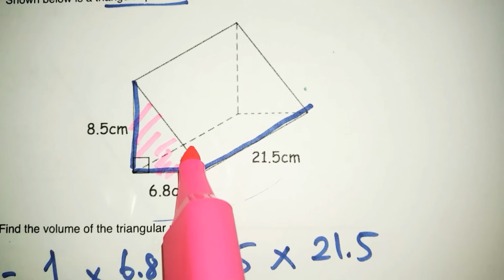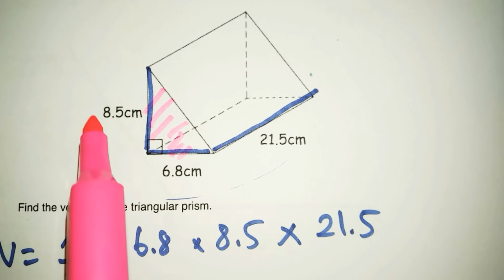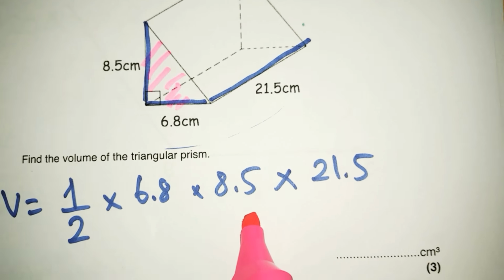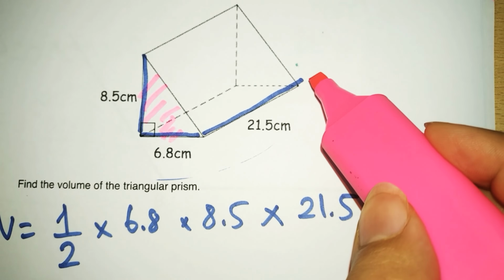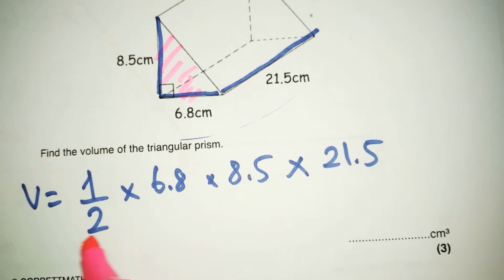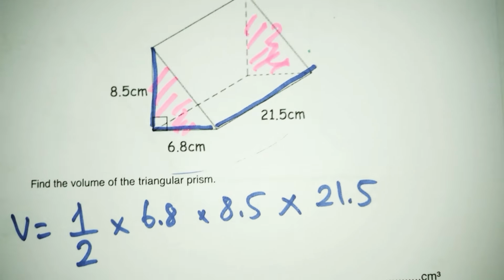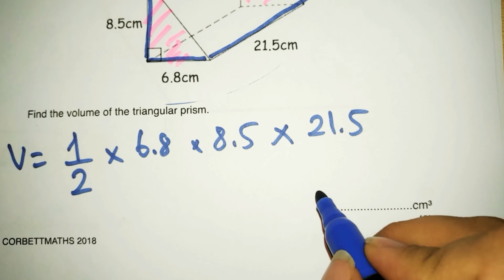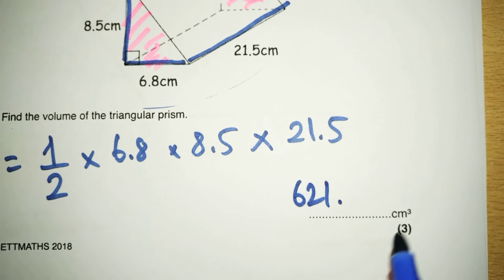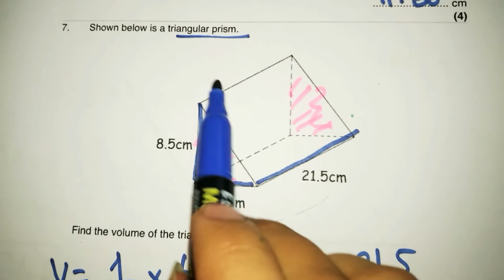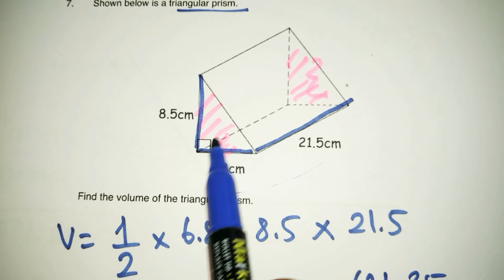How do we find the cross-section area of the triangle? It is 8.5 times 6.8 divided by 2. This is exactly what I have done here. And then I use the height of these, 21.5. So once you put this in your calculator, you will get 621.35 centimeter cube.